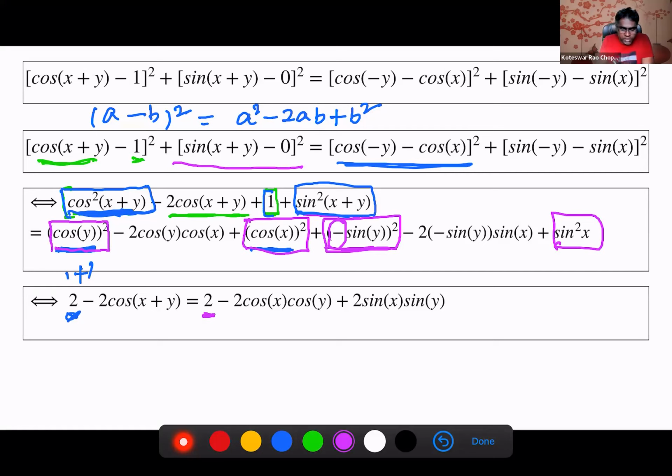On the left-hand side, we are just retaining these terms: minus 2 into cos of x plus y, and minus 2 into cos x into cos y, and then this minus will become plus. So there is a little algebra here.